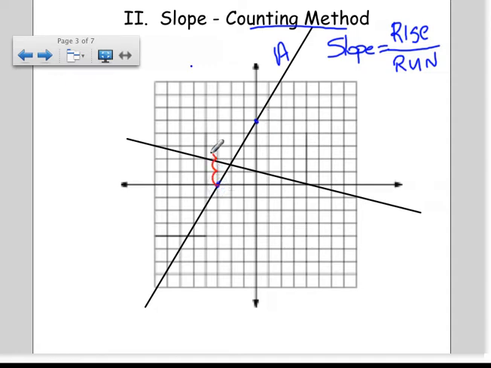That's 1, 2, 3, 4, 5. The rise is 5, over the run, which is 1, 2, 3. The run is 3. I cannot simplify that fraction, so this line has a slope of 5/3.